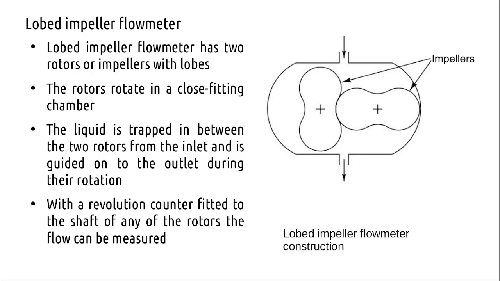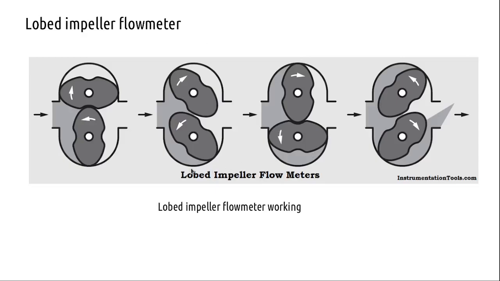Then another type of flow meter is the lobed impeller. Here you have a chamber within which you have impellers, structures made of lightweight material, maybe plastic, and they rotate at two angles. Say this is one rotation, this is the other.